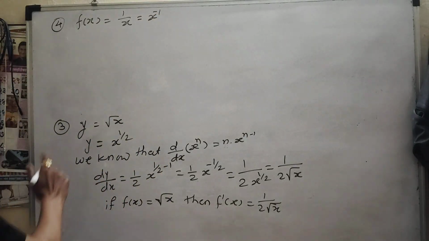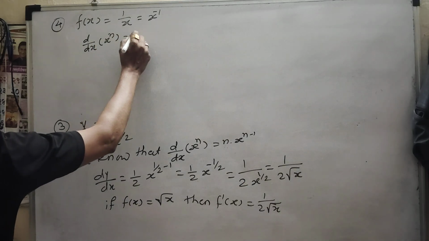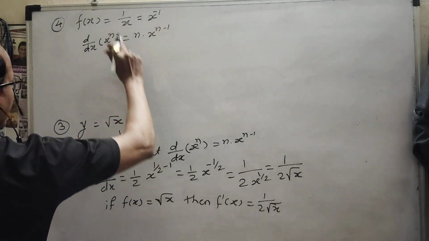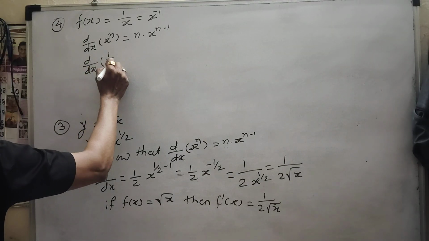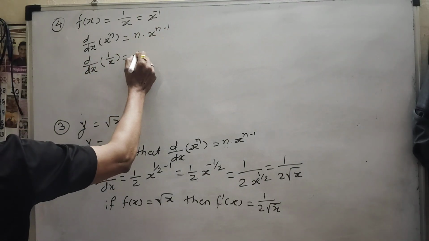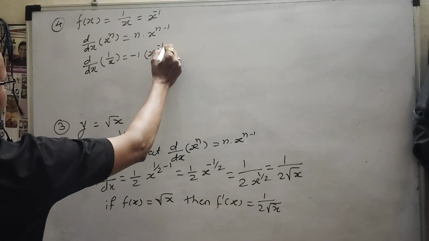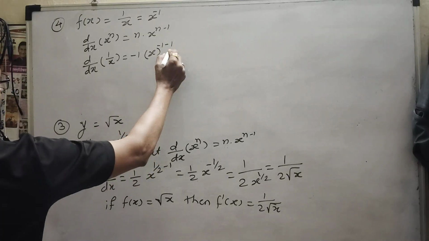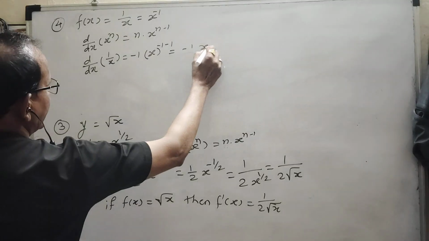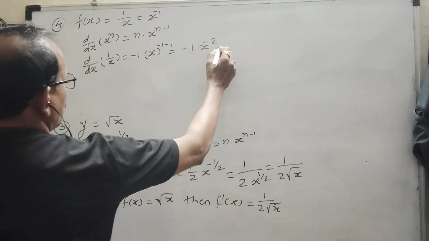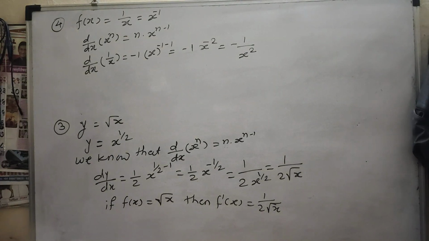Hence, to use formula d by dx of x raised to n is equal to n dot x raised to n minus 1. Like this, d by dx of 1 by x is equal to n is minus 1, and here is x raised to n minus 1 means minus 2, which is minus 1 upon x square. It is the derivative of 1 by x.